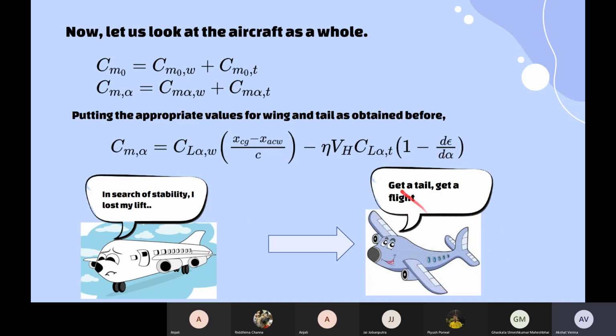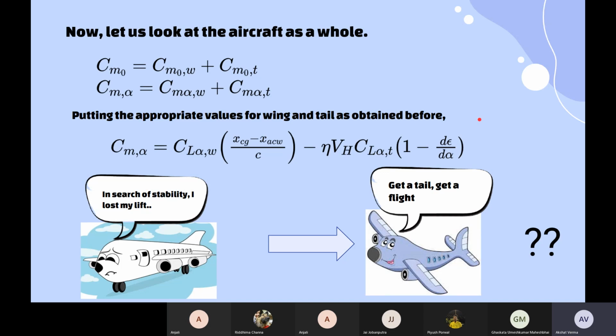So this aircraft, as it is written here, get a tail, get a flight. The tail is so important that it is crucial for your flight. This aircraft didn't have any tail, so it lost its lift at equilibrium position, as you saw earlier that the lift was negative. But now this aircraft will not face that situation because it has a tail.